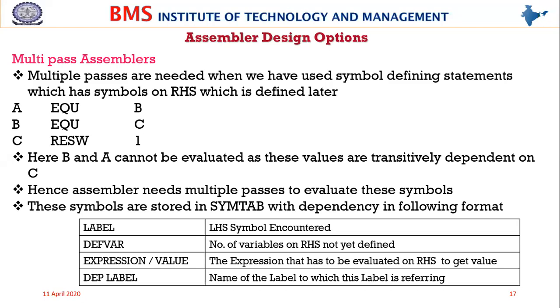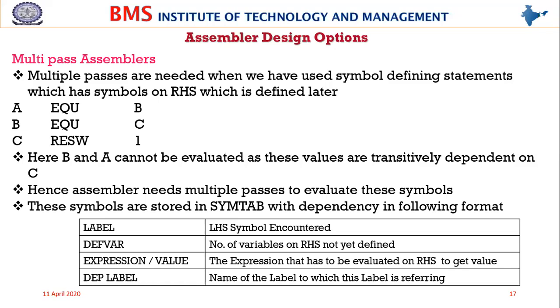So as to handle this sort of situation, your symbol table is equipped with these fields. What fields? The first one is label. Anything appearing on your left hand side, user defined names, we call labels. The next field is def var, the number of variables on the RHS not yet defined. For example, in the case of A, B has not yet been defined.